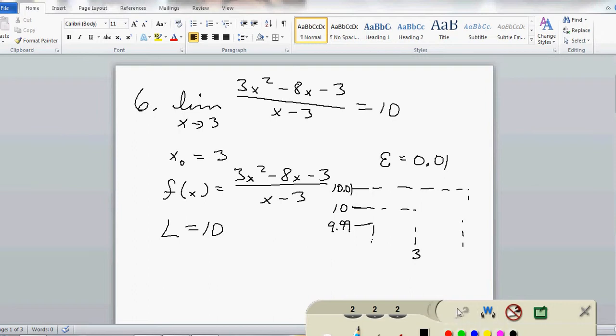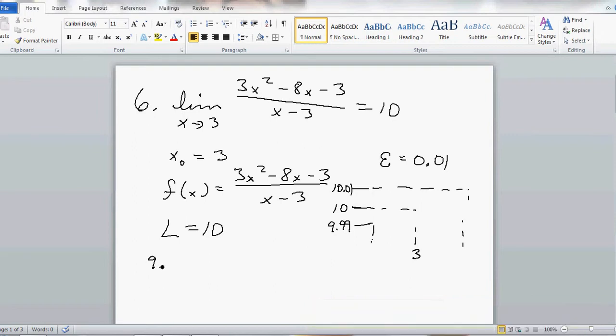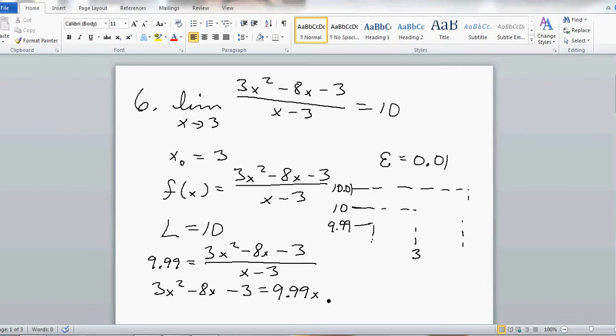And so we are ready to actually try the first value, which is 9.99. And so let's go. 9.99 equals 3x squared minus 8x minus 3 all over x minus 3. Multiply both sides by x minus 3 and we get 3x squared minus 8x minus 3 equals 9.99x minus 29.97.